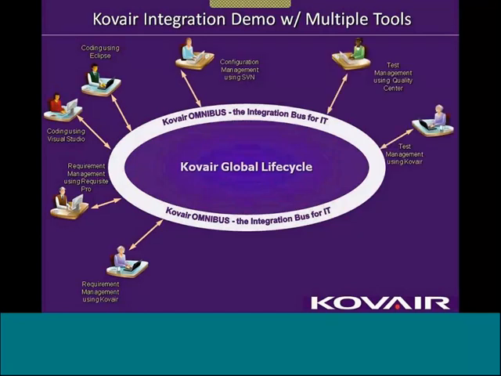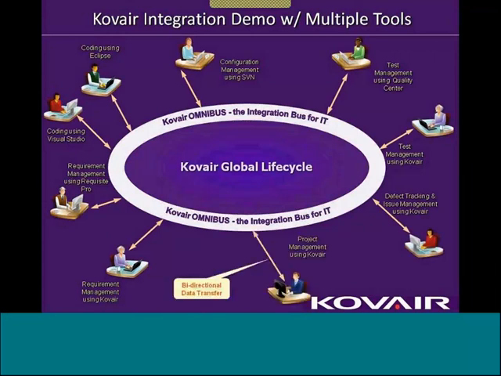Subversion for configuration management. Quality Center and Kovair used for test management. For issue tracking and defect tracking, Kovair will be used, and project management will be done by Kovair. And as we are highlighting, all of these data transfers are bidirectional. So that is the overview of the demo I'll be showing you.